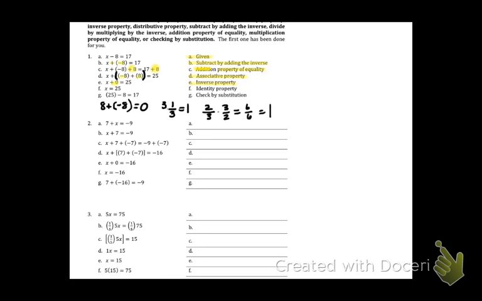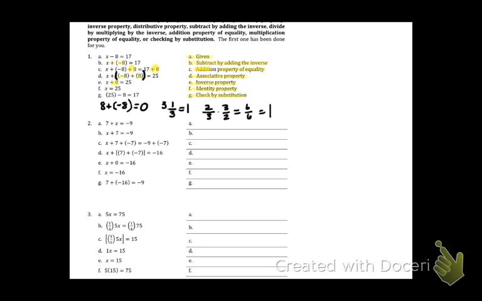So still x equals 25. You add 0, 0 goes away, and now it still equals 25. It retains its identity. That's the identity property. Finally, the last step of any solution, you need to check it by substitution. So they're substituting 25 in for x to make sure that the solution was correct.